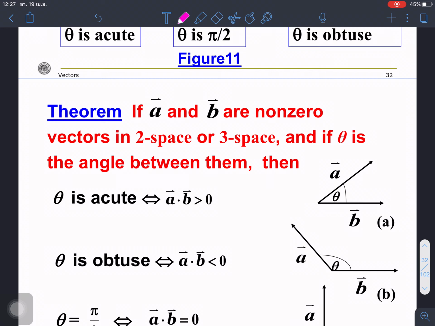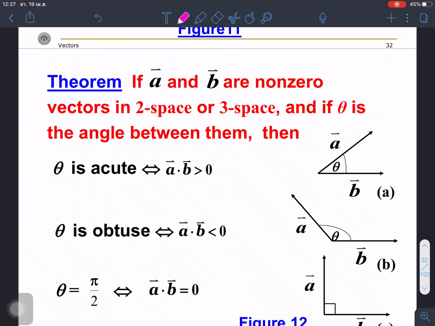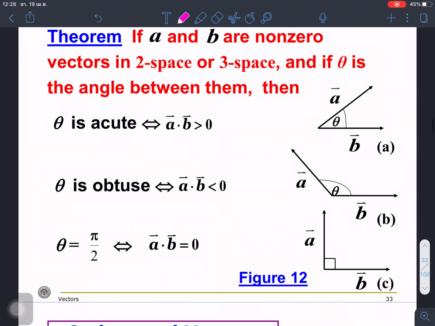That is why theta is acute. Another case: theta is obtuse if A dot B is negative. If A dot B is negative, theta is going to be in the second quadrant.